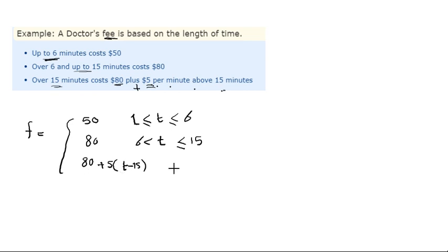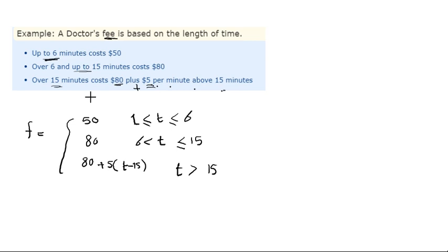So this is for if your time is greater than 15 minutes. So this is the piecewise function here. This is how we write the piecewise function, and we have to be very careful to denote the equal sign, or greater than and equal.